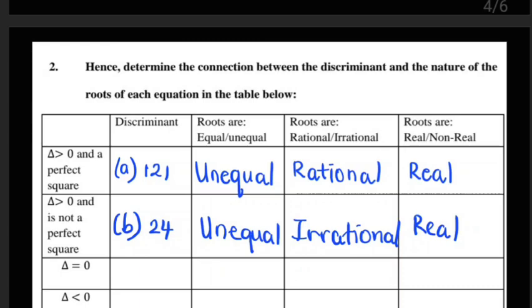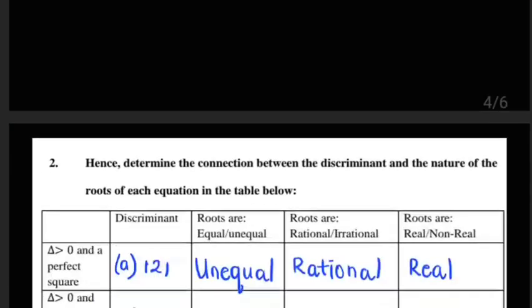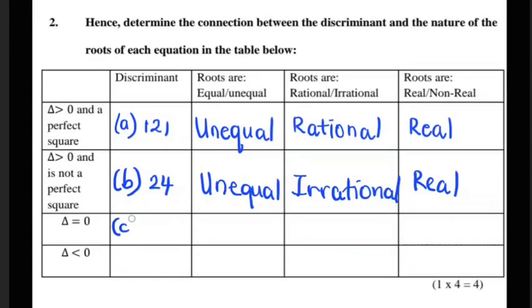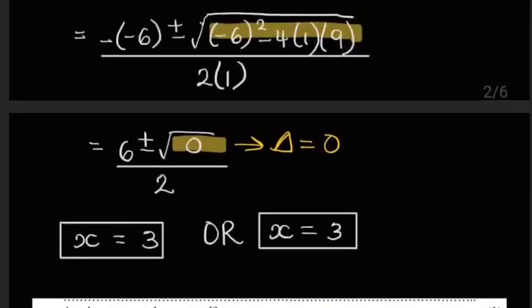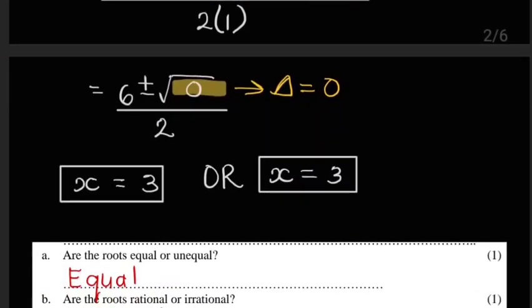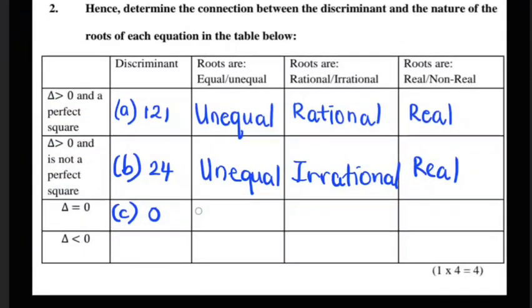Now we're talking about the part where the discriminant is equal to 0. And that happens to be C, where we had 0. If we look at the type of roots that we have, if we scroll back up to that question, we notice that we had the same answer as x, meaning that the roots are equal.